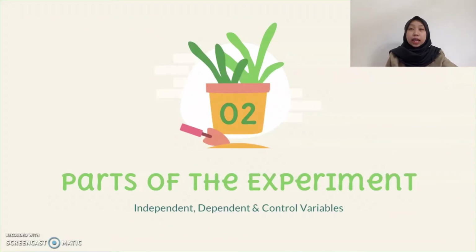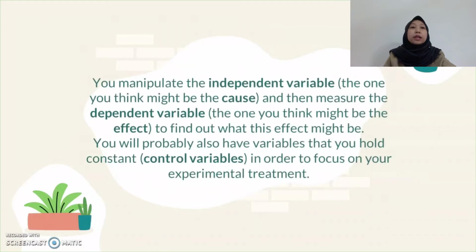Experiments are usually designed to find out what effect one variable has on another. In our example, the effect of salt addition on plant growth. You manipulate the independent variable, or the one you think might be the cause, and then measure the dependent variable, or the one you think might be the effect, to find out what this effect might be.